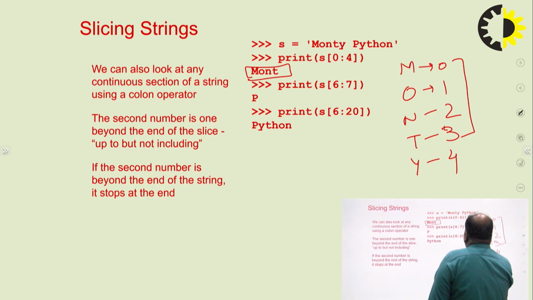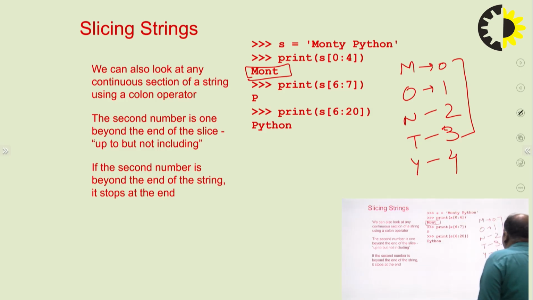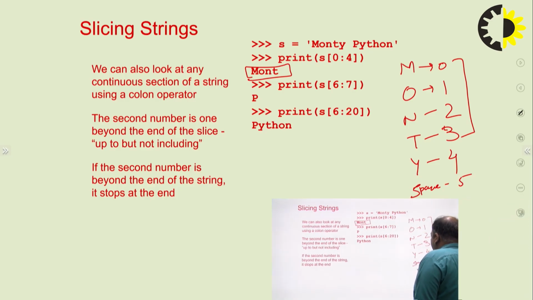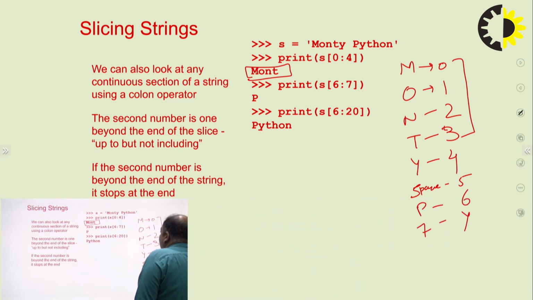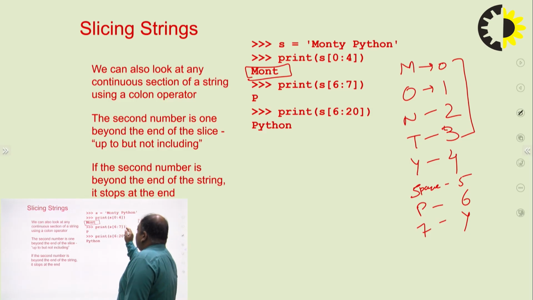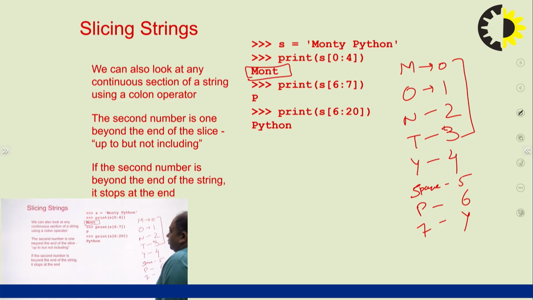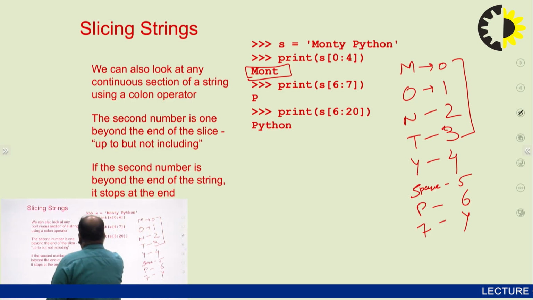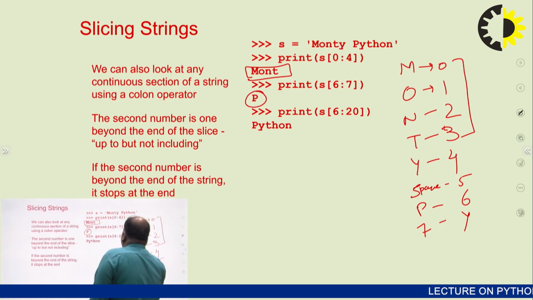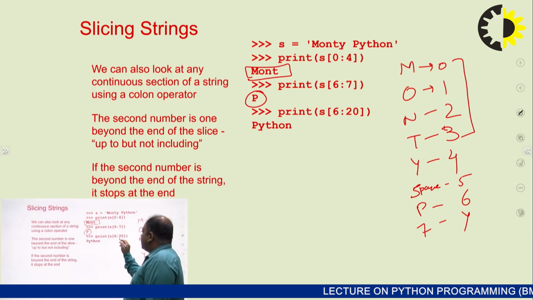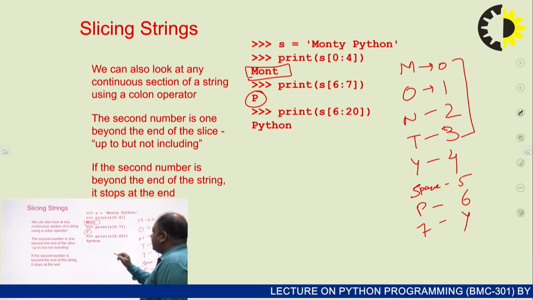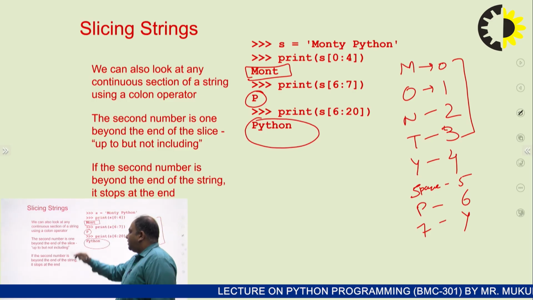When I want to print from 6 to 7, so 4 is Y, space is 5, P is 6, and 7 is again Y. So, when we want to print a range, we write 6:7, which means only one character will be printed, which is P. And if we want to print every character after that, we write 6 colon, starting from the 6th character till the character number 19.